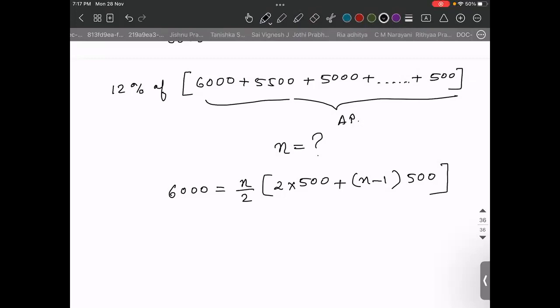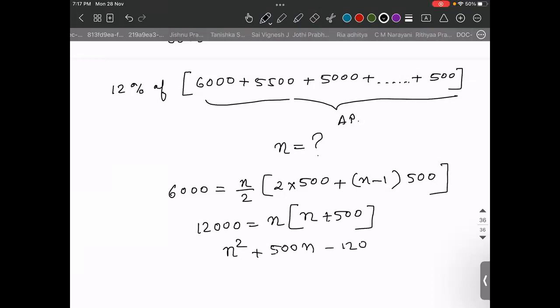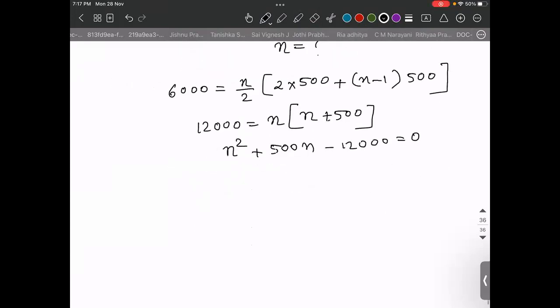Not able to calculate this, man. How much are we getting? This is your N plus 500, right? This is what you will be getting. So N square plus 500 N minus 12,000 is equal to 0.